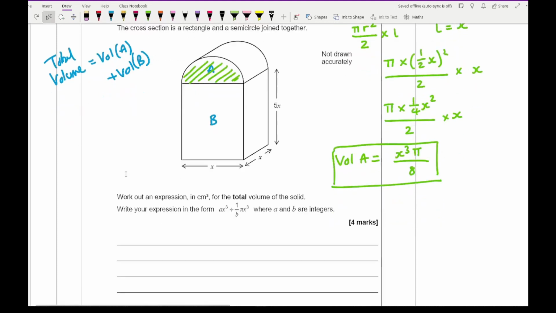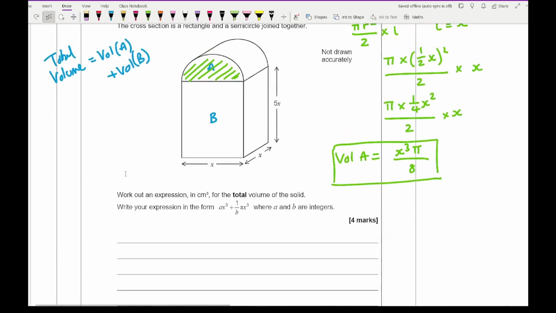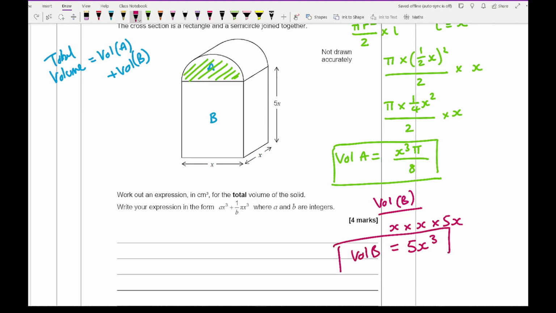Then, working out the volume of B, which is a cuboid, that's just going to be x times 5x, which is going to give me 5x cubed. So the volume of B is 5x cubed.